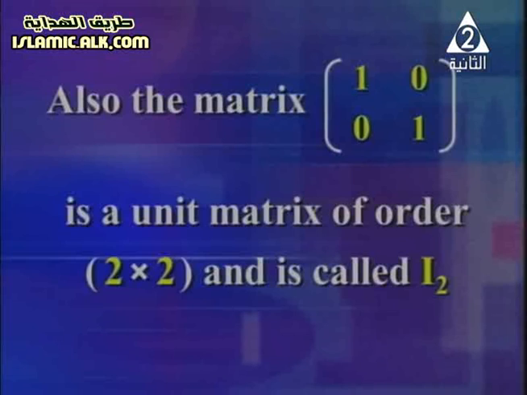This matrix is a square matrix. It's called the unit matrix. Its order is 2 times 2. The elements of the principal diagonal are 1, 1, and all the other elements equal 0.